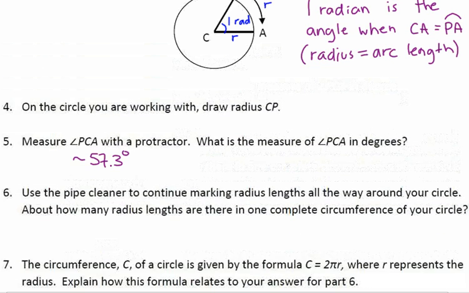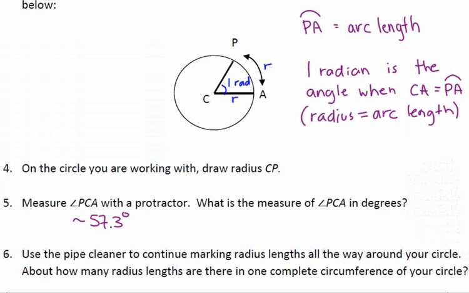I want you to grab your pipe cleaners. Again, you still need them. Sorry if you've messed it up. I want you to see how many times you can go around. If you take your pipe cleaner, you go around. So this is my 1, and then go around.